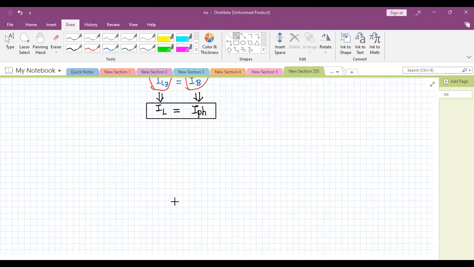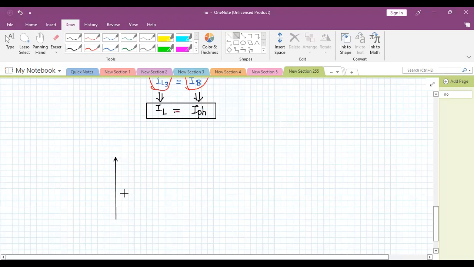Yes, very good. So I will draw the three phase voltages which are 120 degrees apart from each other.